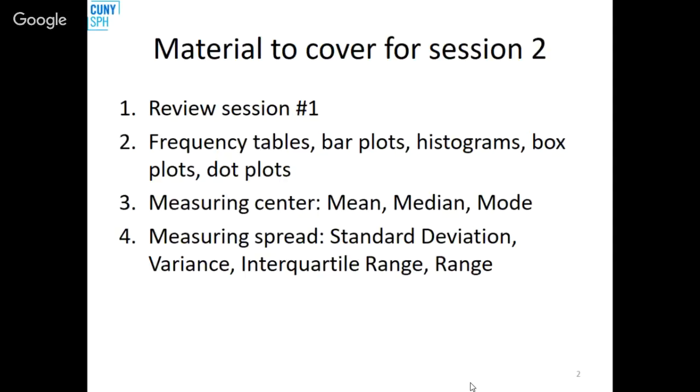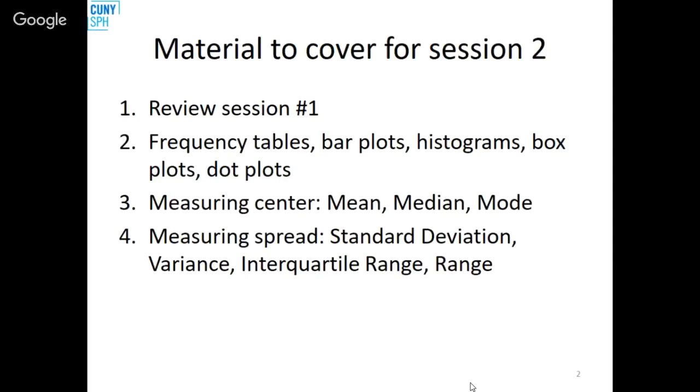Does anyone remember the types of data that we covered last time? There's categorical. What else? Numerical. Yeah, we broke down numerical into discrete and continuous, and then categorical, and we've sort of lumped together categorical and nominal.